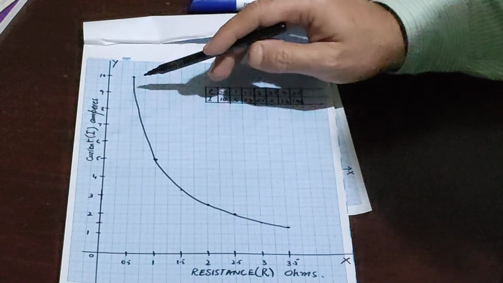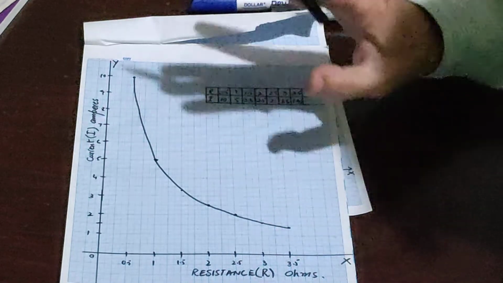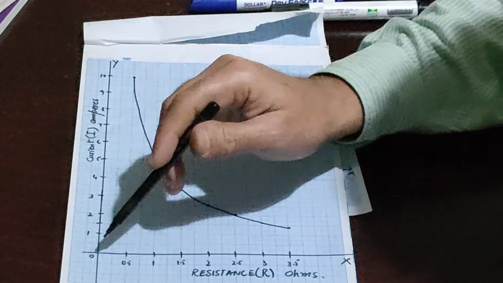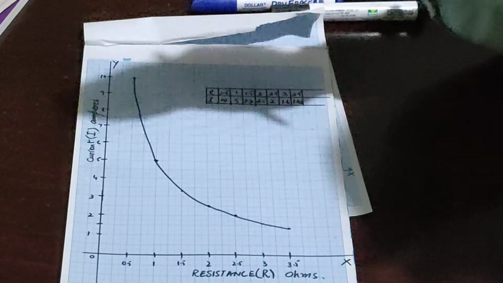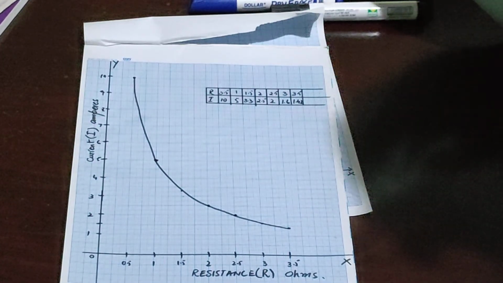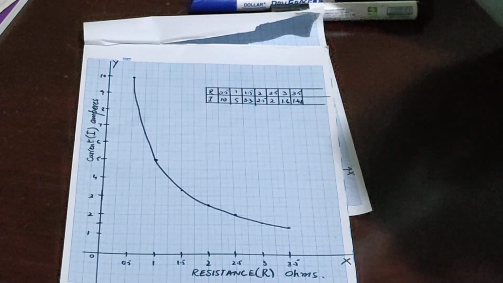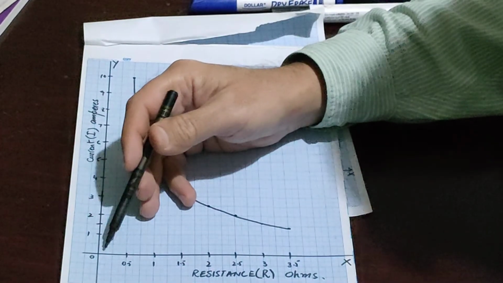But in the case of inverse proportion, this graph is away from the origin. It's not going to touch zero. Why is that? Because when y is inversely proportional to 1 over x, the x value cannot be 0; if x becomes 0, it will be undefined. So it never goes close to 0.